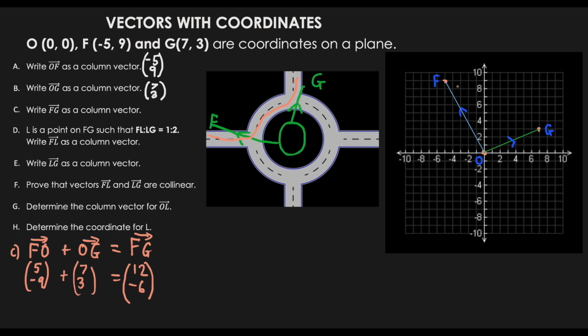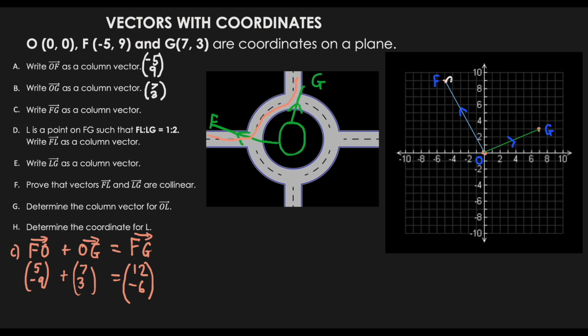Now, if you wanted to do this using the graph, in a case that you actually had a graph or you sketched one, we want to go from F to G. Because we have the coordinate sheet, we can actually go straight from F to G. So in that case, I'm moving to the right or left first. Remember, we're going left or right first, and then we can go up or down.